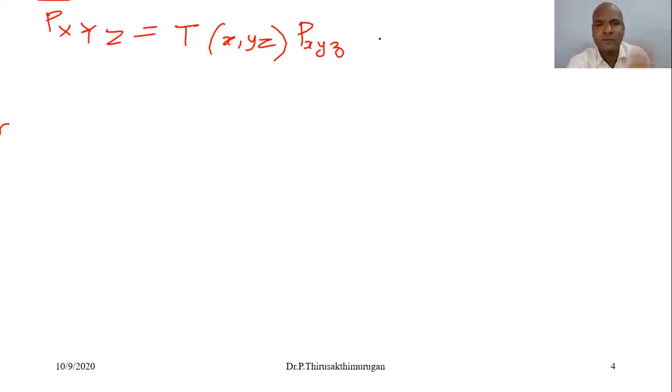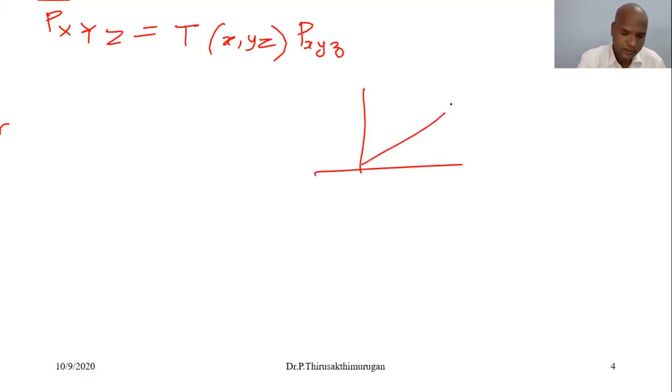The relation between the P x y z and the P small x y z gives us the information of the robo. Say you consider a robo at P x y z. So P x y z is a point of the robo body.